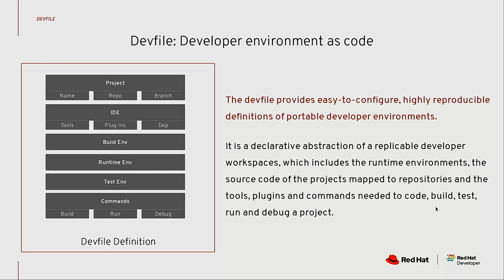So it actually contains information such as projects, tools, plugins, the environments to build your projects, to run your projects, to test your projects, and a few commands, like for Java, to build and to run the project and to debug as well.